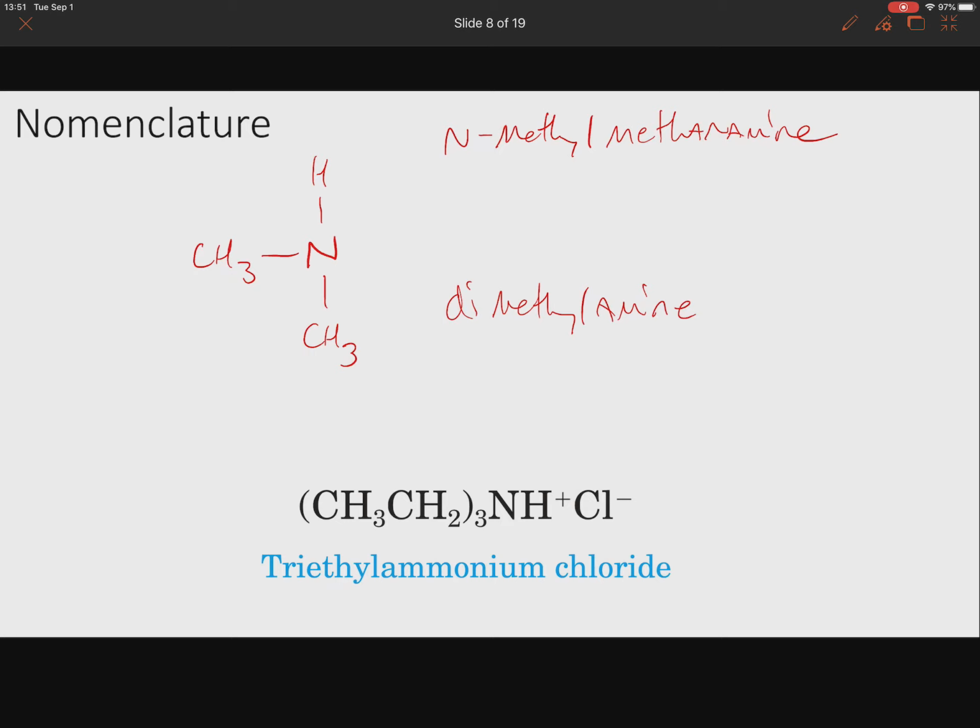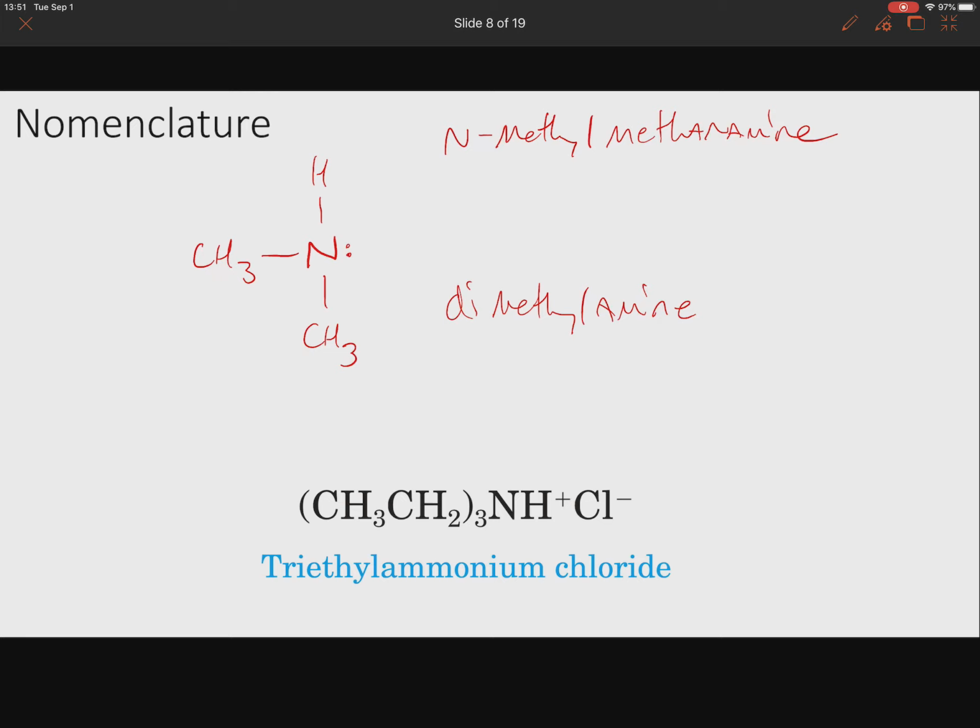This thing is a base. These amines are bases, and so they grab hydrogens with their lone pair from water or from acids. And so these will react with acid to form salts, and they will also react with water to become kind of charged and to be more soluble in water.